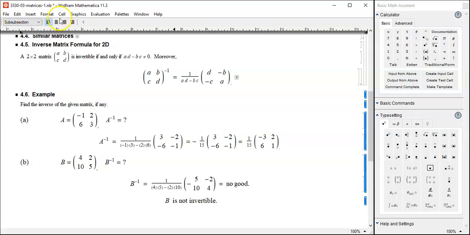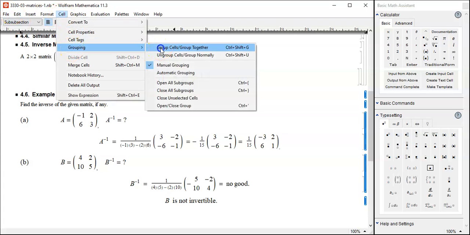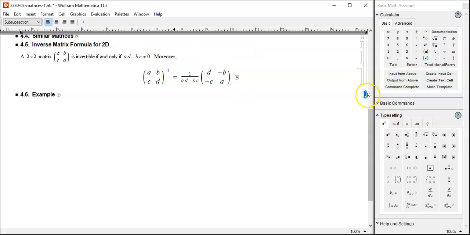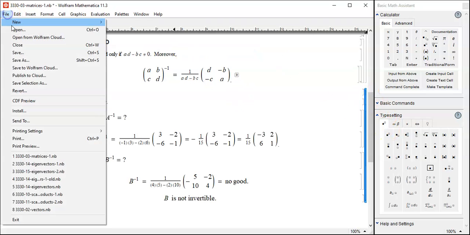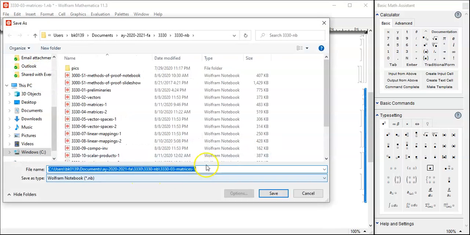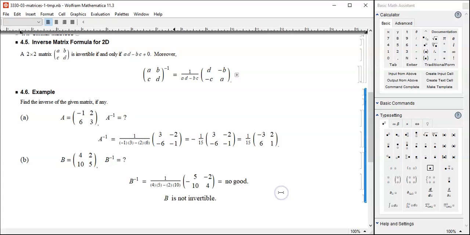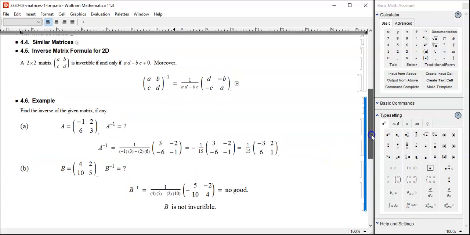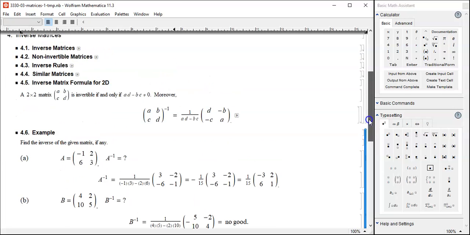Okay, let's keep those and save as. I just added one more problem, but I may have to polish it a little bit. So instead of saving as a new notebook, I'll save a temp file, and I'm going to do some editing later on.